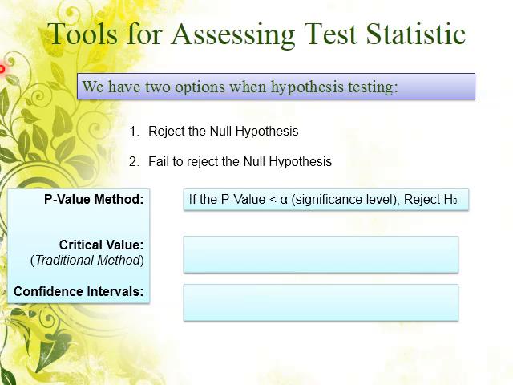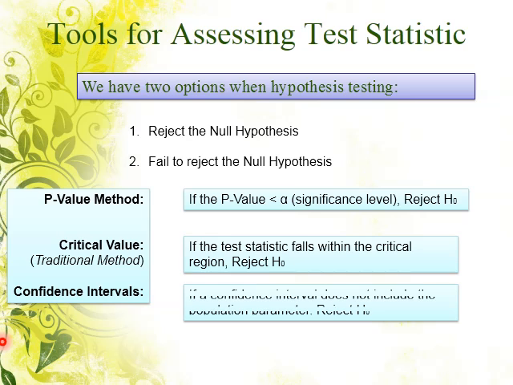The p-value method tells us that if the p-value is less than the significance level of the problem, we're going to reject the null hypothesis. Otherwise, we would fail to reject the null hypothesis. With the critical value method, if the test statistic falls within the critical region, we're going to reject the null hypothesis, and otherwise we're going to fail to reject it.